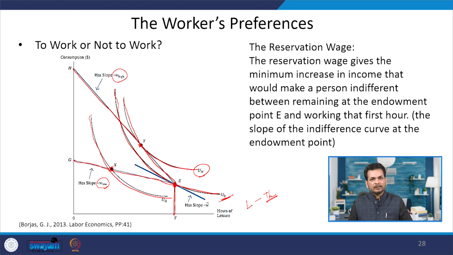That is nothing but the absolute slope of the indifference curve at the point E. So, the definition of this reservation wage implies that the person will not work at all if the market wage is less than the reservation wage, and the person will enter the labor market if the market wage exceeds the reservation wage.